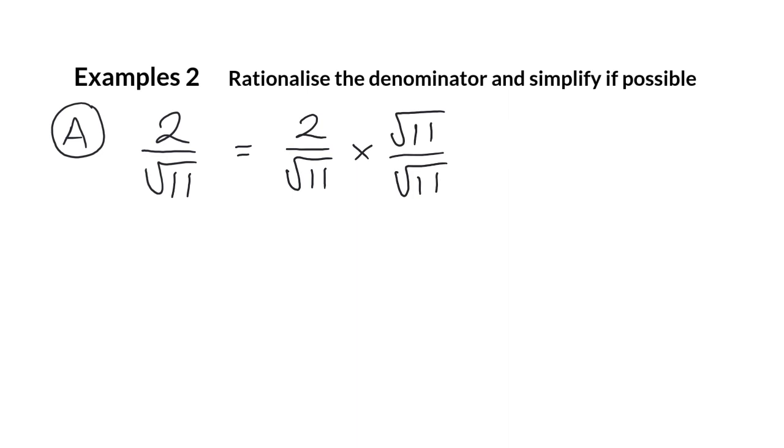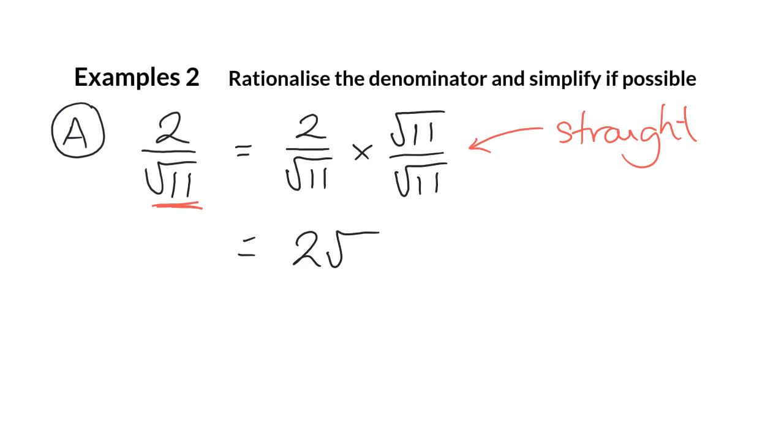Now, obviously I said to you before that the little step where we multiply by 1 has been removed, so we can go straight to this. We know that the root 11 dictates that we want to multiply by root 11 over root 11. That gives us multiplications on the top, 2 times root 11, so 2 root 11. Root 11 times root 11 is just 11, using that root a times root a rule, and we're left with 2 root 11 over 11, and it has a rational denominator.